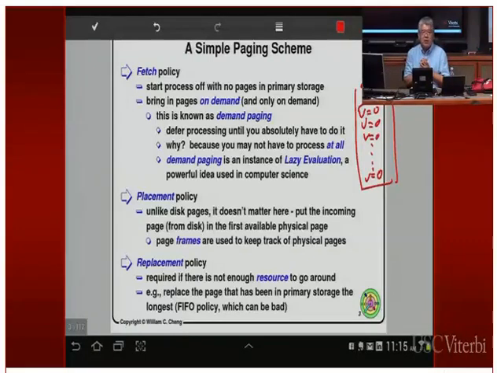So which entry should the kernel fix? The kernel should only fix the entry that the user process really needs right then. When the user process tries to access one memory location, you will fix the page table entry for that memory location. Then the user process is going to generate another memory reference. If that one is invalid, then you go ahead and fix it.